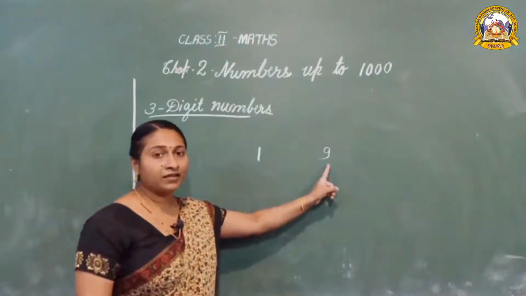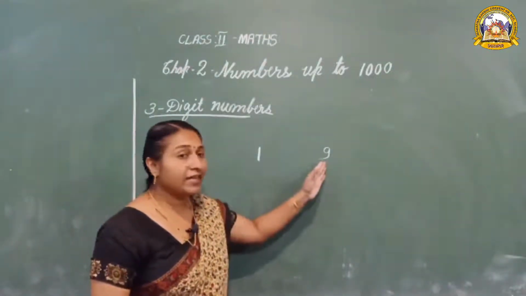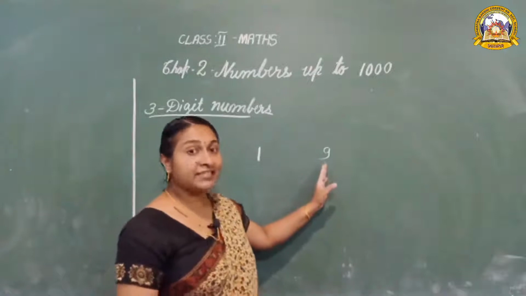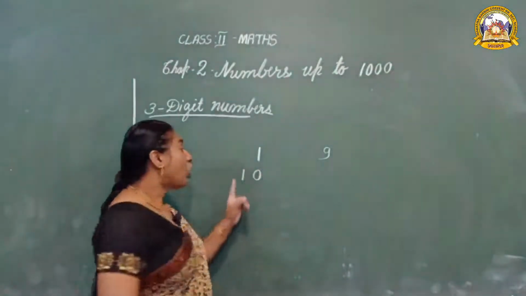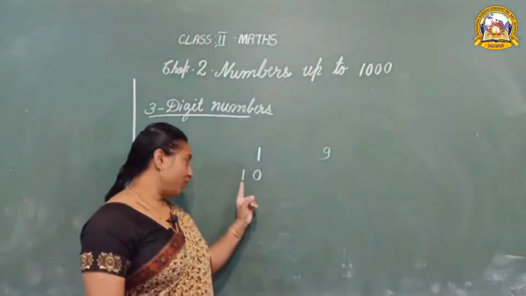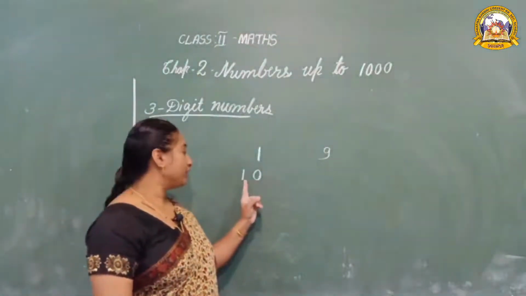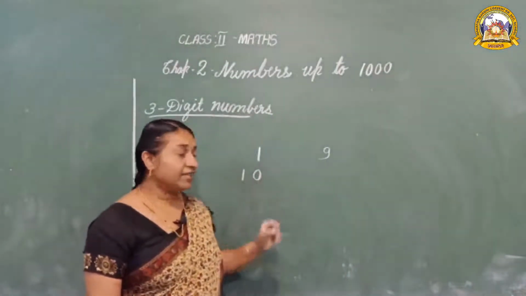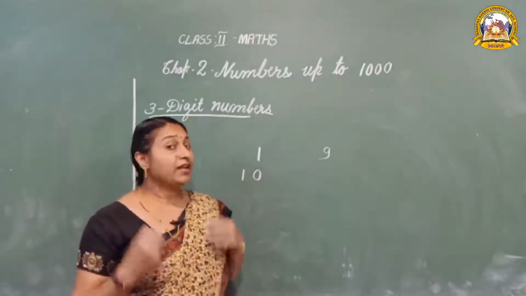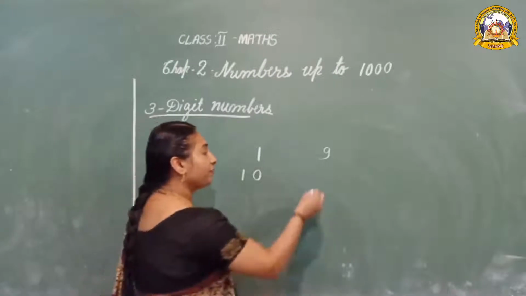Then after 9, yes, 10. Look, 10. How many digits are there? 2 digits. Then can you say which is the largest two-digit number?